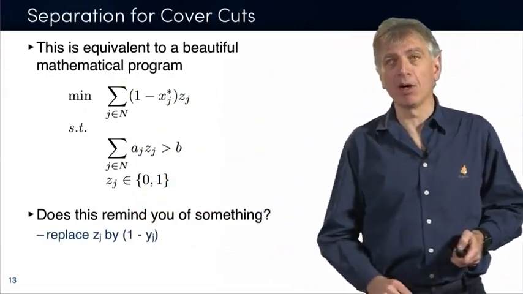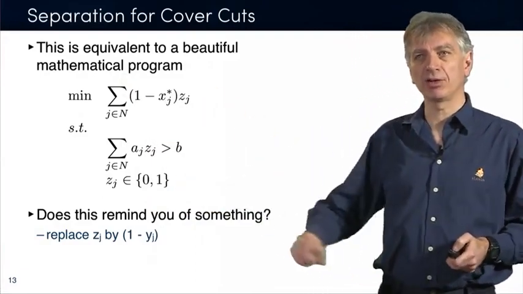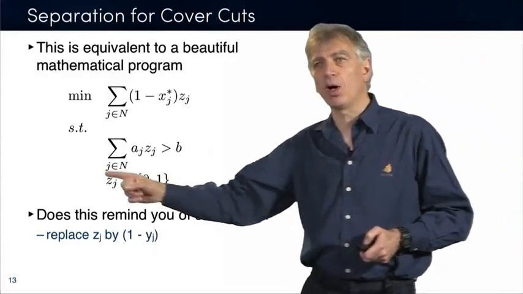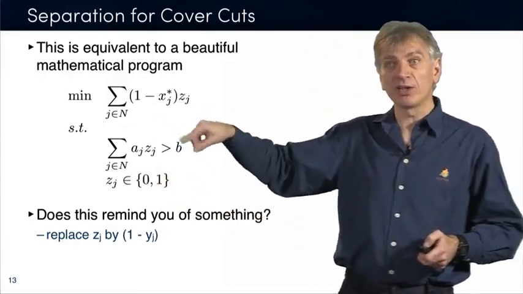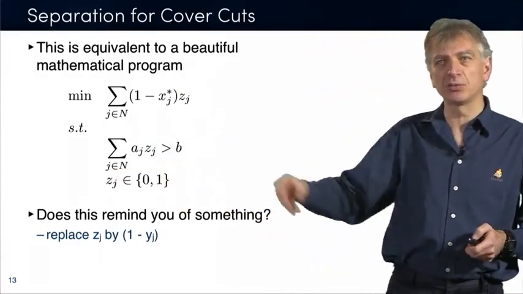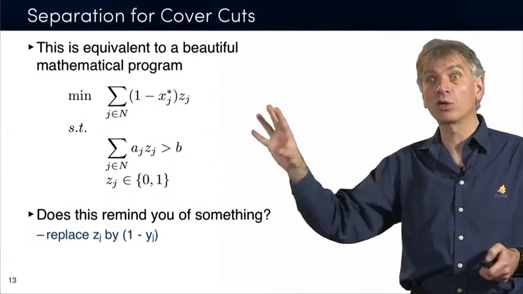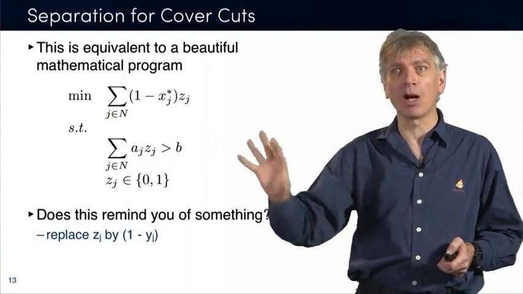This minimum is going to be a maximum, so we're going to maximize a sum of variables. And this inequality, which is greater than, is going to turn into an inequality which is smaller than. It's going to be a sum of variables with coefficients smaller than something. So what we have there is a knapsack problem.